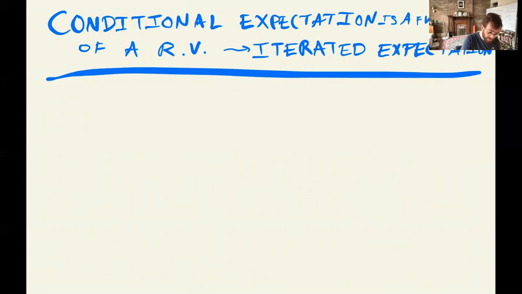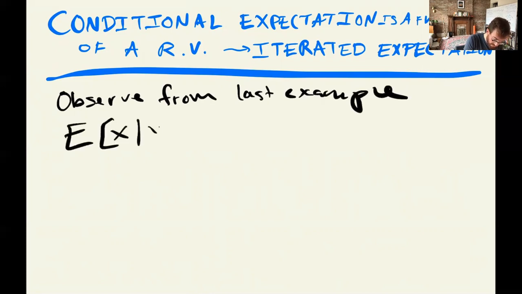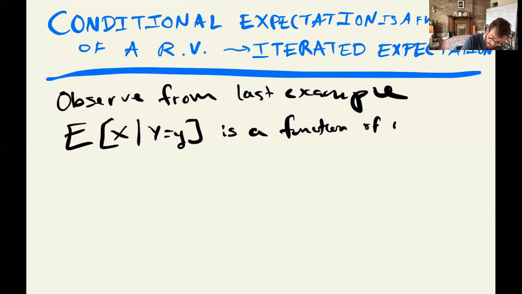All right, so what does that mean in this case? So observe from the last example that E of X conditioned on Y equals y is a function of little y, which we know is just the output of some random variable, capital Y. So the probability that capital Y equals little y is given, at least in density terms, by the PDF.